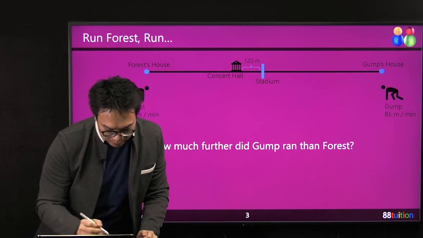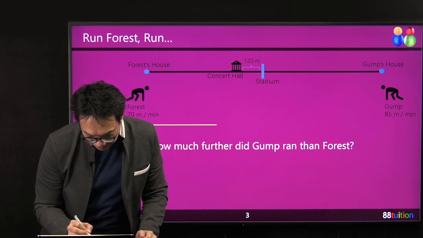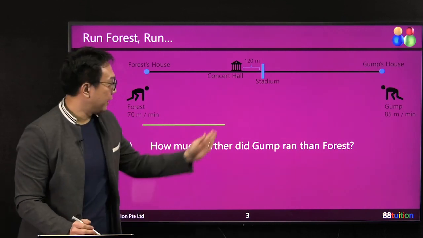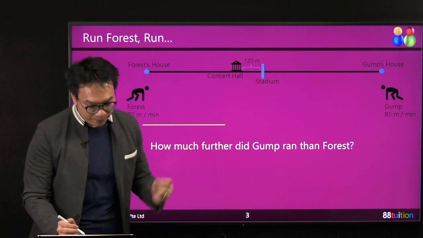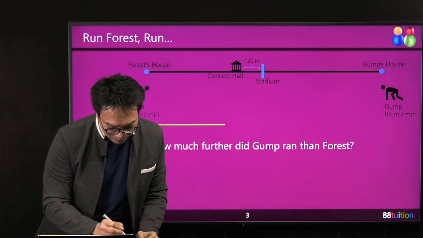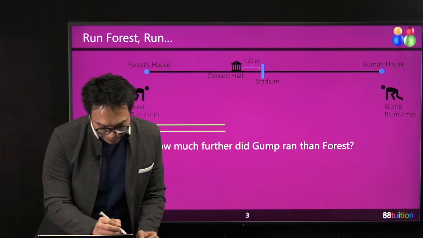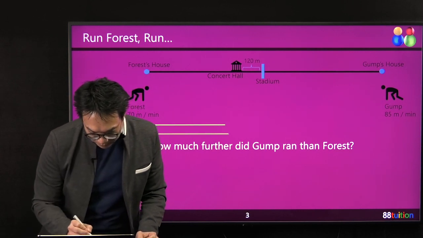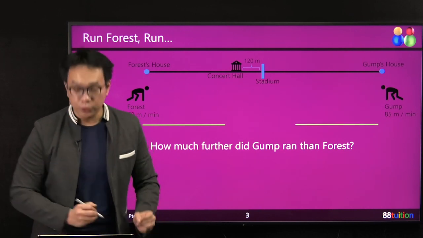What will happen? Imagine Forrest runs at 70 meters per minute and reaches here. So 70 meters per minute is this length. What do we do now? I draw another of this same length and move it. That means Gump must also run this length. Is that true or not?